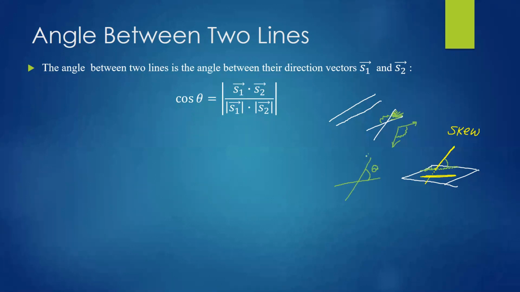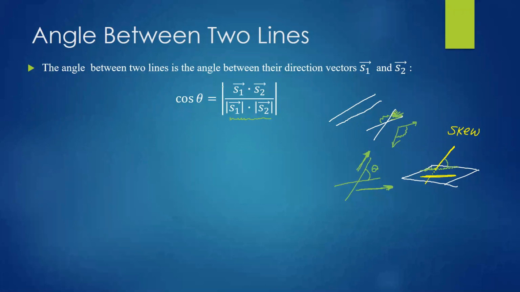Again, the points do not matter. Exactly the same as we did in the plane, only in 3 dimensions there's less opportunity, fewer ways of finding the angle. Only the direction vector helps. So the angle between the direction vectors, the points don't matter, only the directions. So you see the expression here inside the modulus parentheses is the classical expression for the cosine of the angle between 2 vectors.